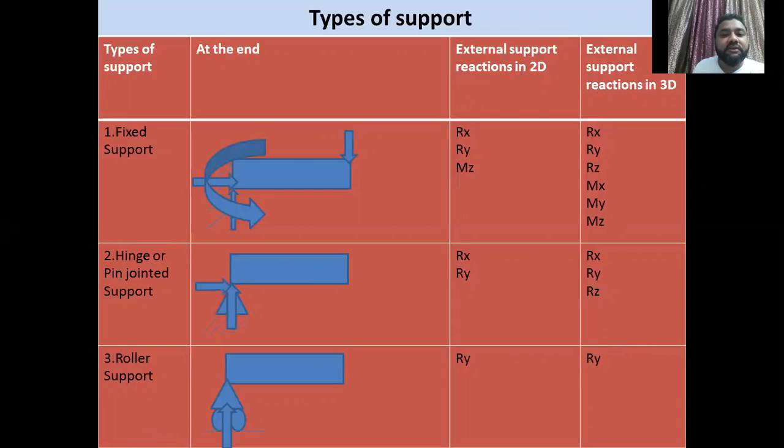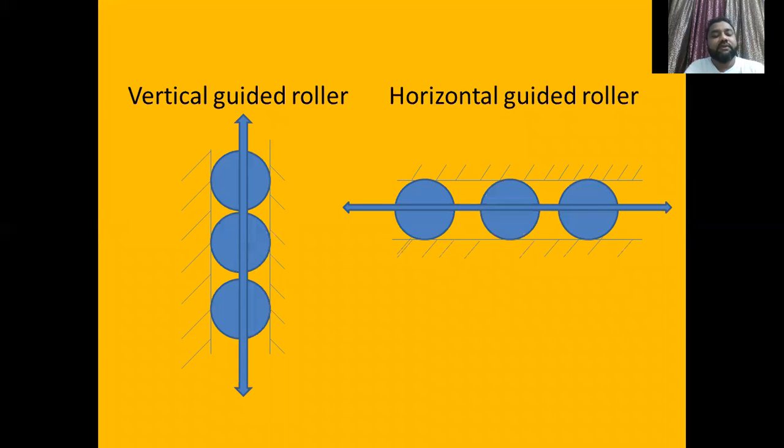Now apart from this, there are two more supports that we will use. That is the vertical guided roller and the horizontal guided roller. Now see, the first one is the vertical guided roller. These are the rollers. 1, 2, 3 rollers are there. Now both the rollers have been attached by fixed support. Both ends are fixed.